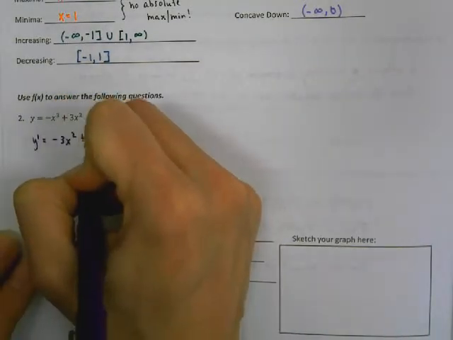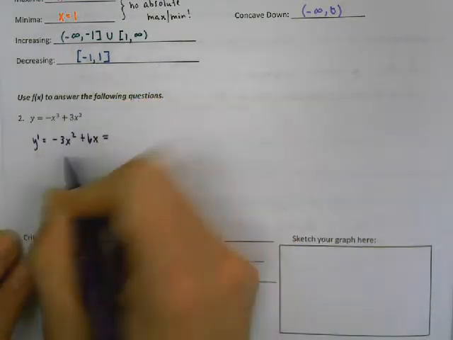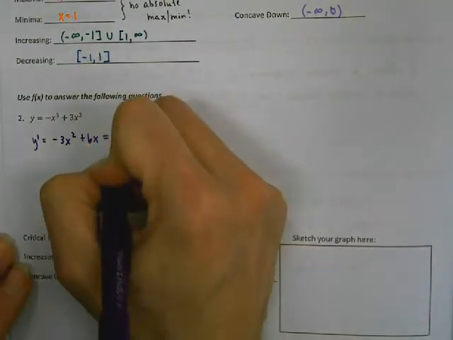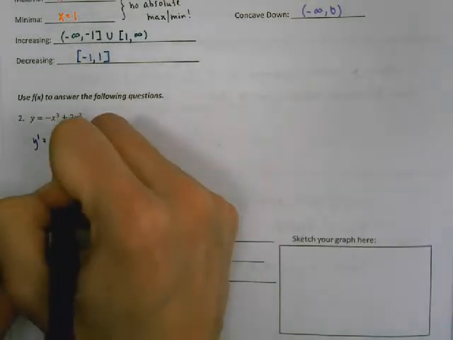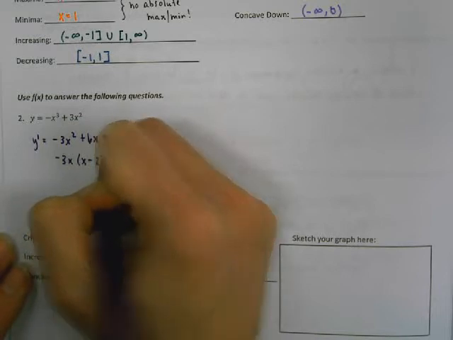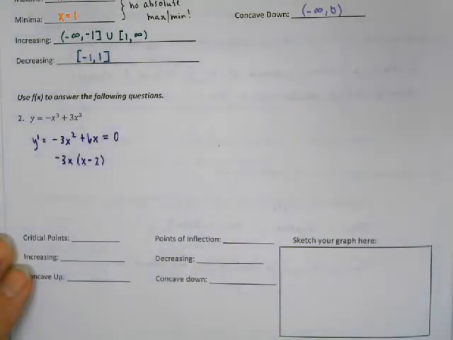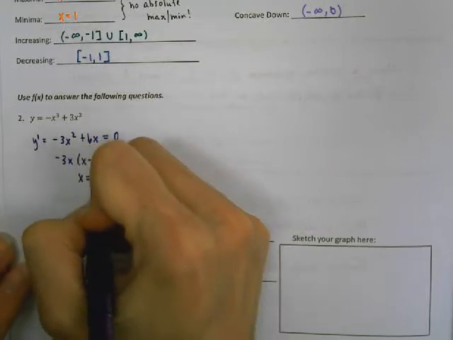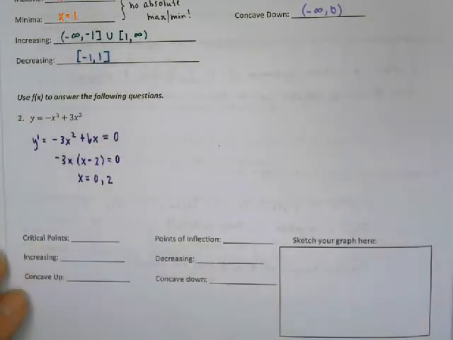So -3x squared plus 6x. I know that's never going to be undefined, so I'm just going to find where it's equal to 0. So I'm going to go ahead and factor out a -3x, and then I get x minus 2 is equal to 0. So I'm going to have critical points at x equals 0 and x equals 2.